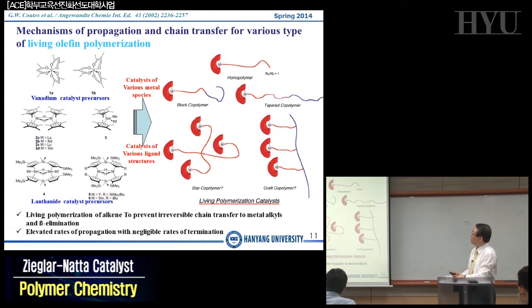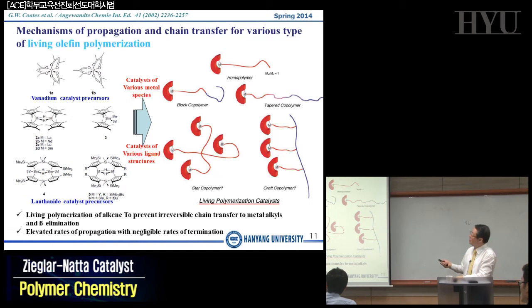The next one that I can introduce is the paper about the mechanism of the propagation and chain transfer, and by using the metallocene type of polymerization systems, you can make various types of polymers. And this was introduced in Angewandte Chemie.